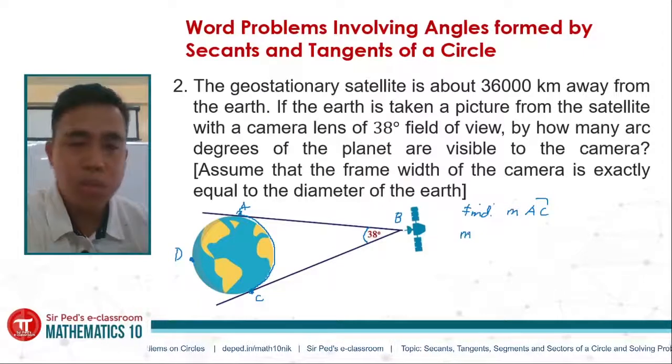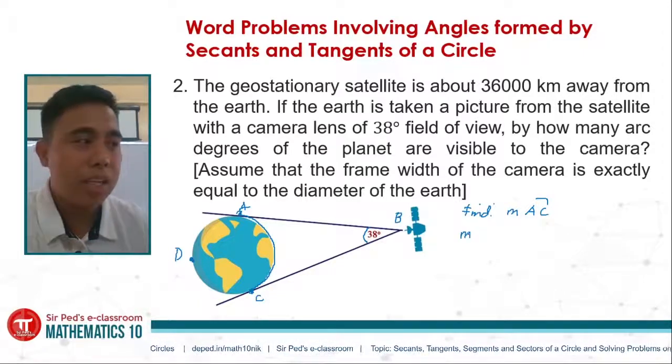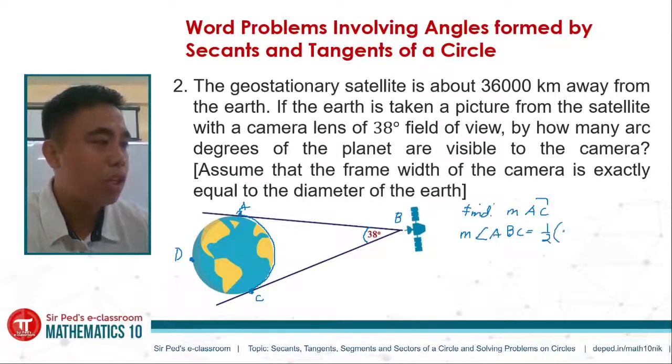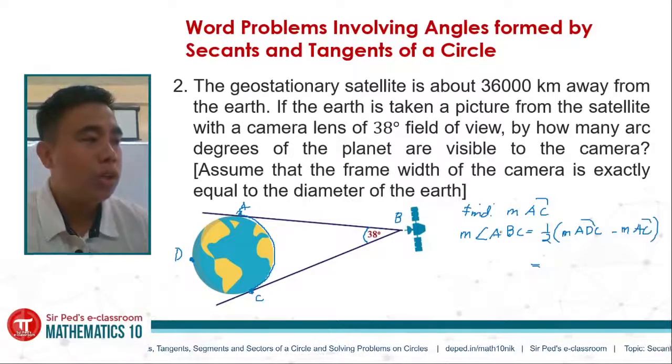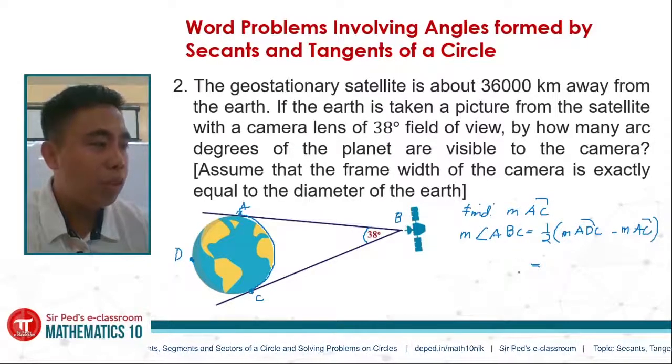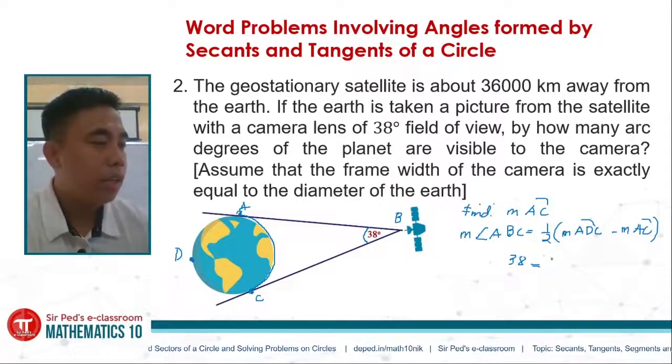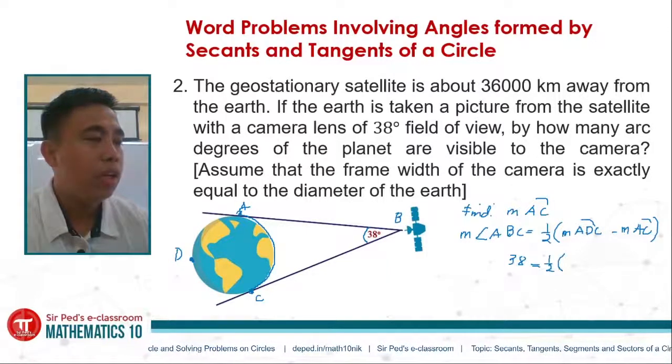Take note that these two are 2 tangent lines intersecting outside. So the measure of angle ABC is equal to 1/2 the measure of arc ADC minus the measure of arc AC. So, alam natin na yung measurement nito ay 38. And 1/2 of, ano yung measure ni ADC?